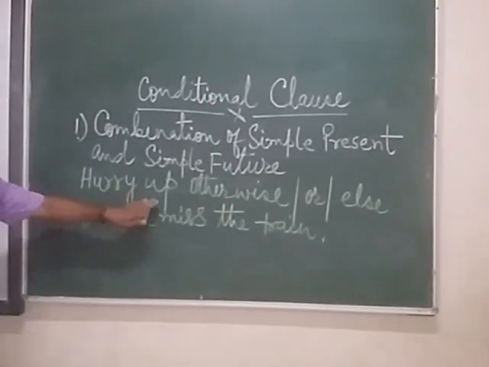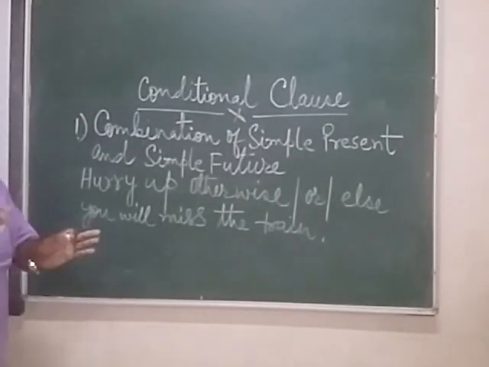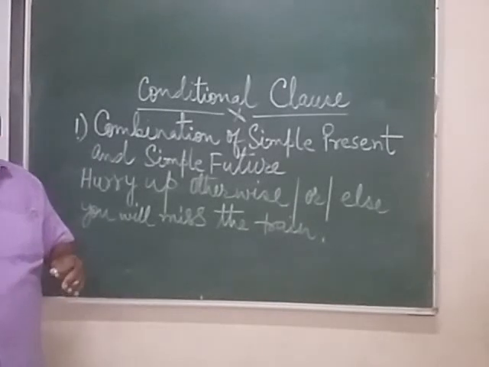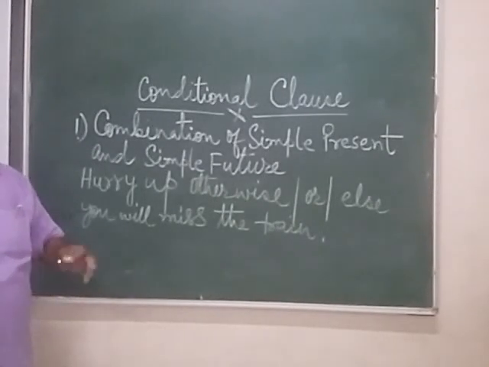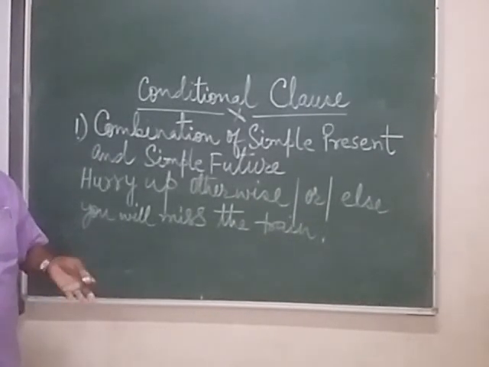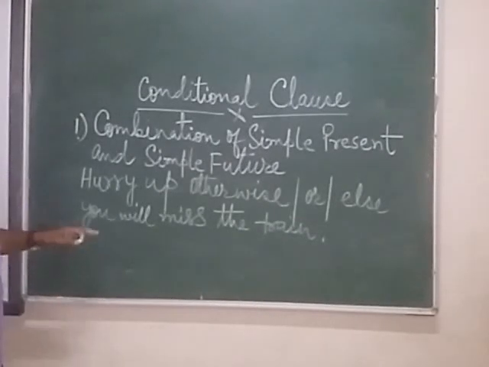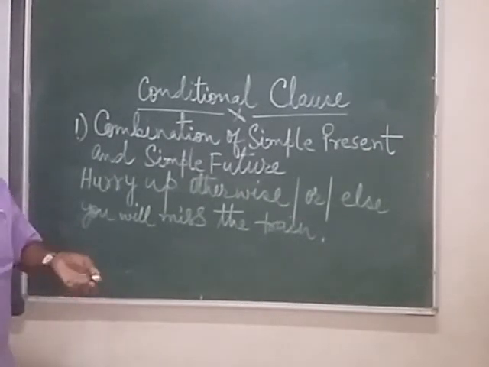The words hurry up, this is an imperative sentence. What are imperative sentences? Examples are: go there, come soon, keep quiet, work hard for the exam, get up in the morning. These are all imperative sentences.